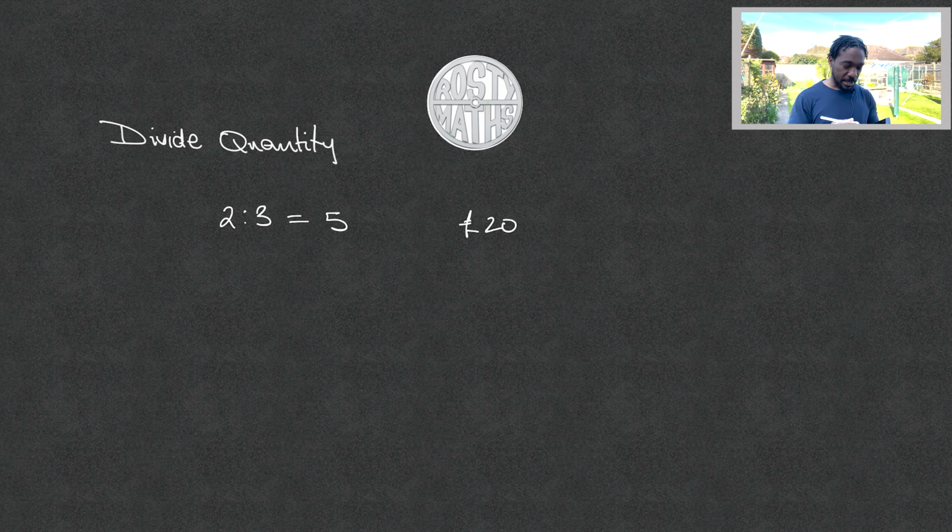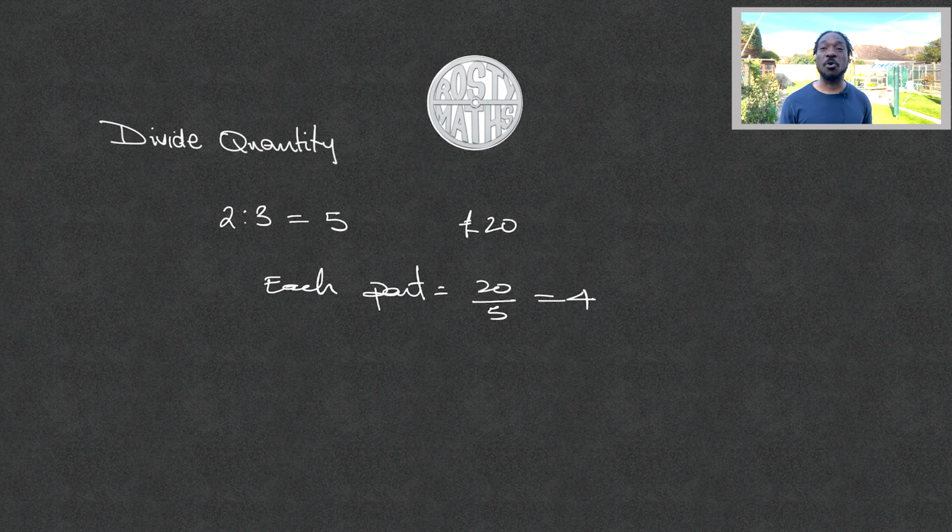And then each part of my ratio will be 20 divided by 5. So each part of my ratio is worth £4.